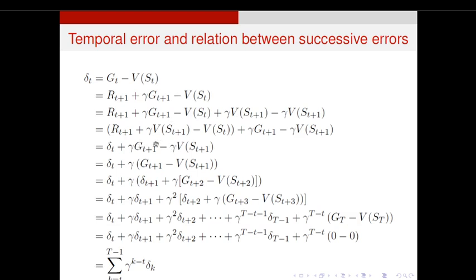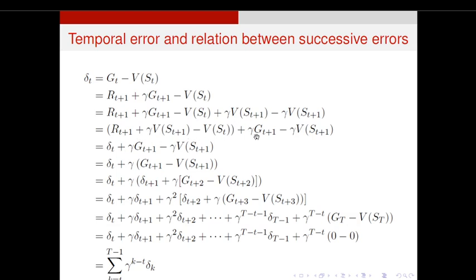Then I take R_{t+1} plus gamma into V of S_{t+1}, together minus V of S_t, which is nothing but delta t: immediate reward plus gamma into next state value minus current state value. That is our temporal error delta t.